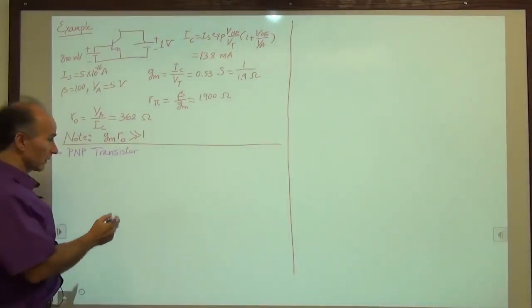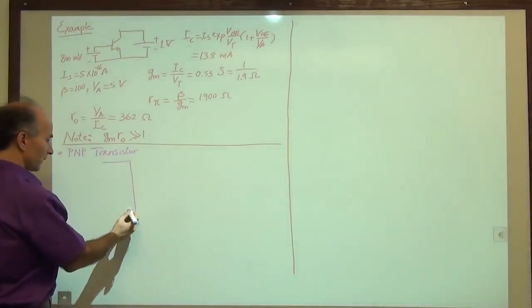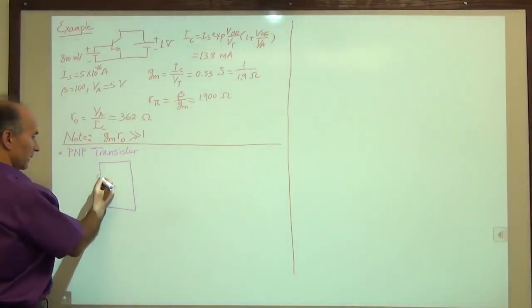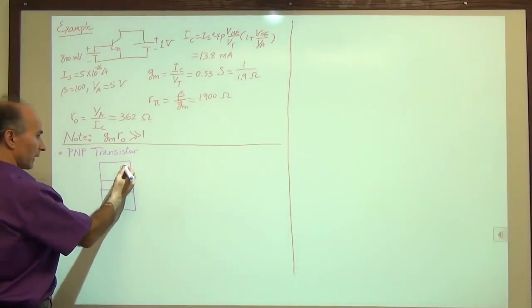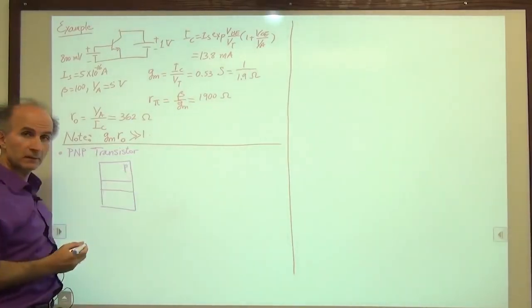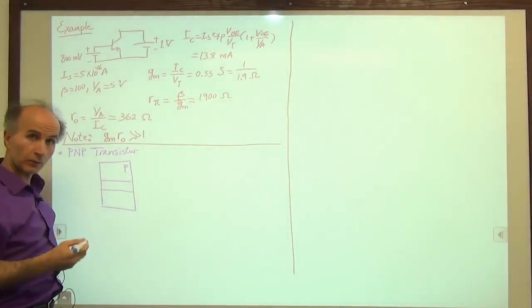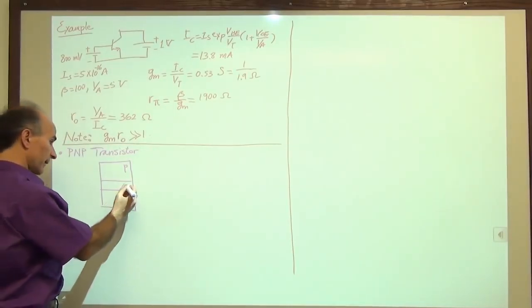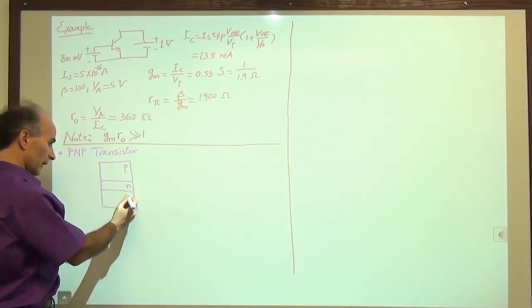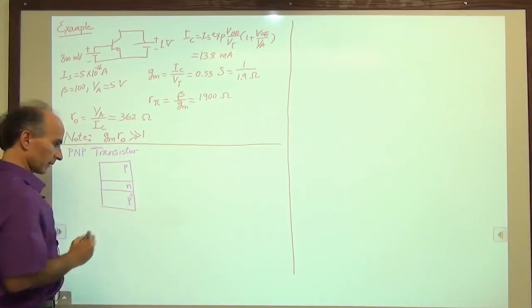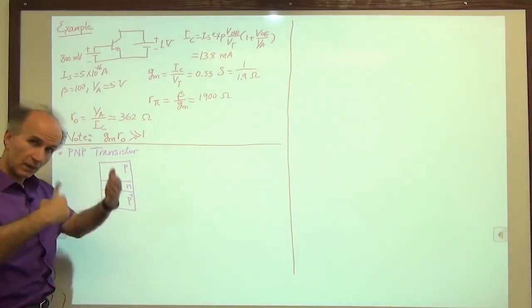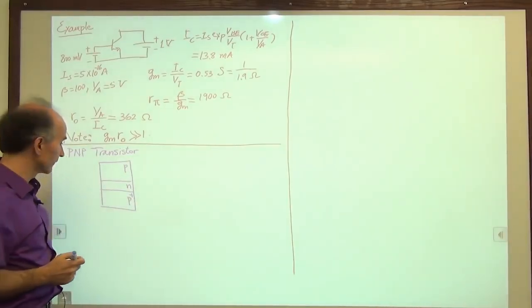The PNP transistor is simply like before, except that for the collector, we have a p-type material, so it's doped with acceptors. For the base, we have an n-type material, and for the emitter, we have a p plus material. So everything is switched around.